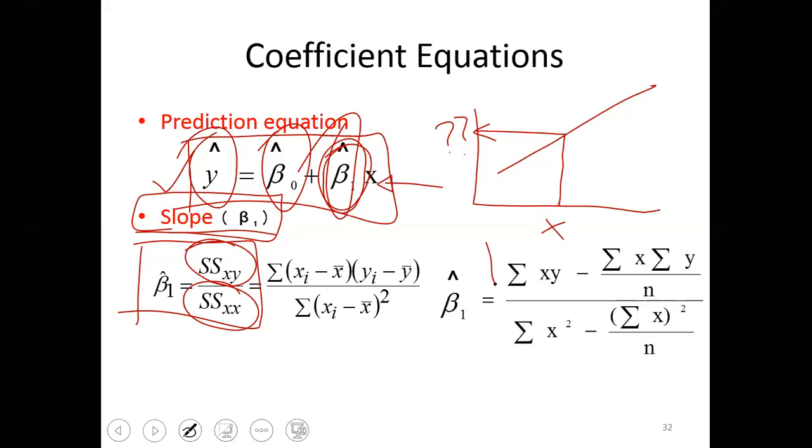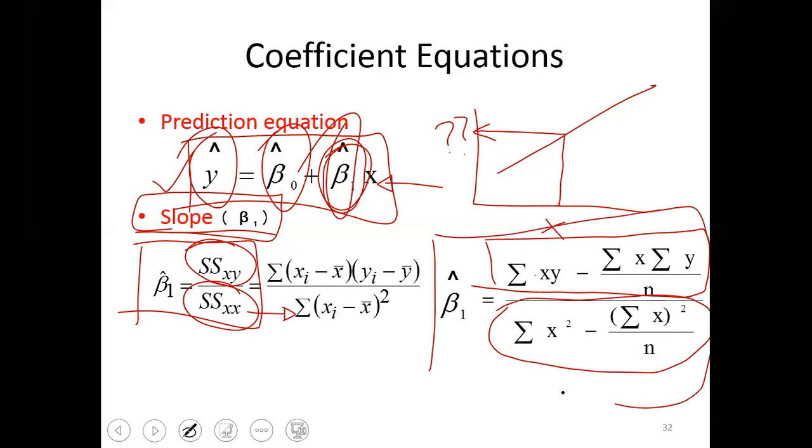Sorry, this is the sum of squares of xy. Similarly, we can expand the sum of squares of x. This is how we write it. You should remember this expansion, very important. All right, so this has been expanded as such.